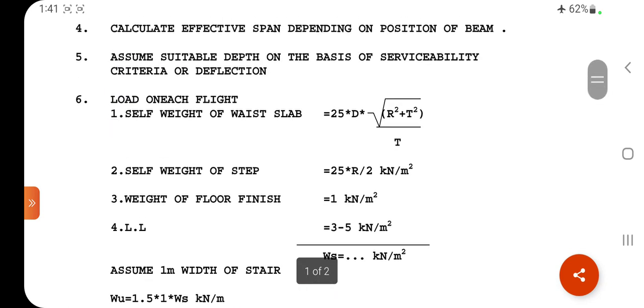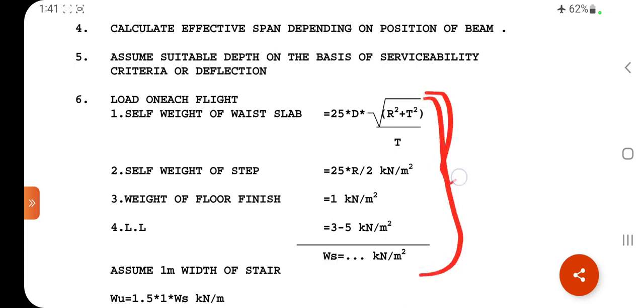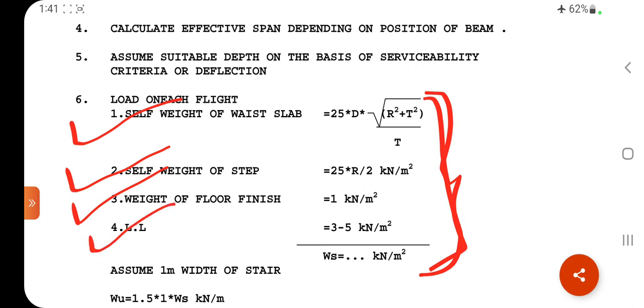Then what we do is we take the summation of all these 4 loads, which is nothing but the self weight of the waist slab, self weight of the step, weight of the floor finish load and the live load.